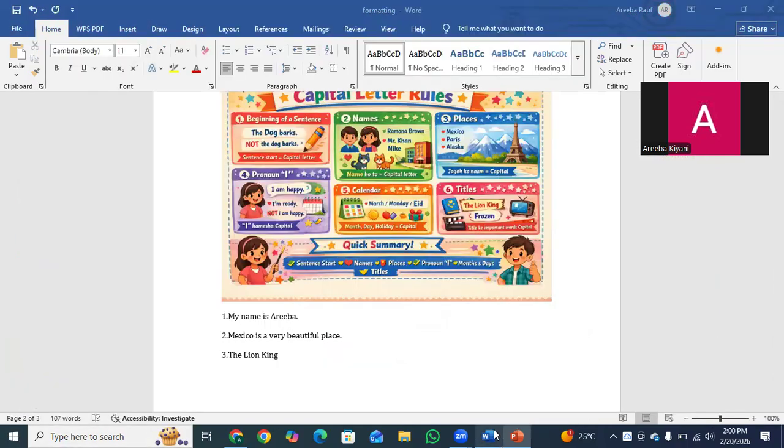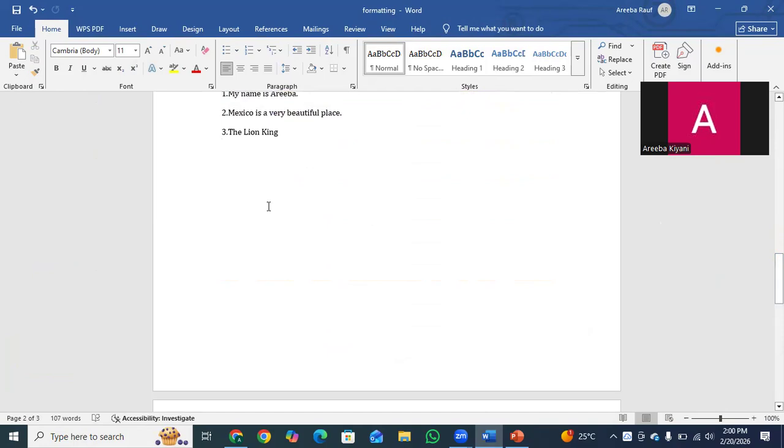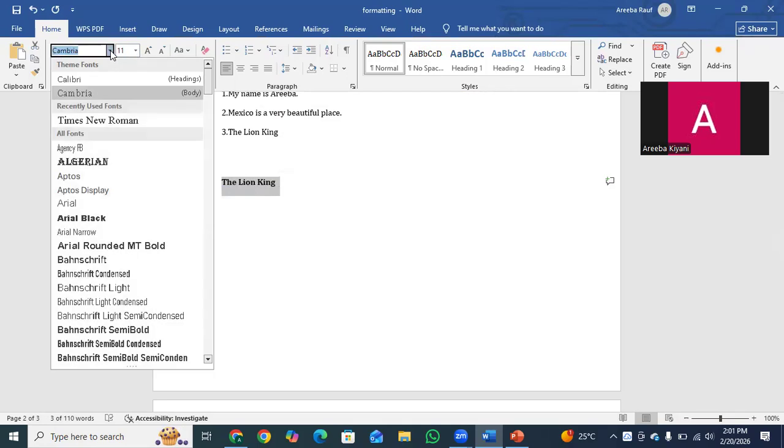I will show you in this diagram. For example, we have the title, the book name. Let's try The Lion King. If this is a title, then I will keep this bold and I will use italics.